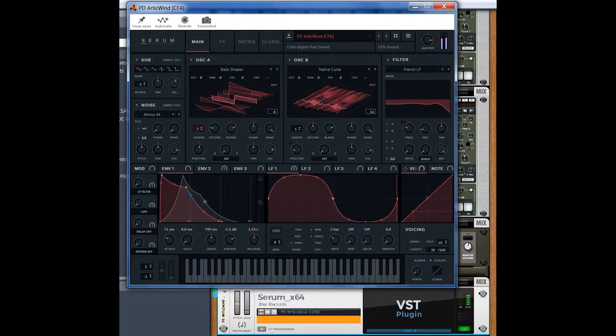But Serum, you could do R&B, pop, trap, whatever with this thing, and you can set it up to however you want.